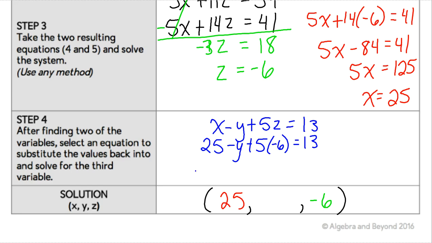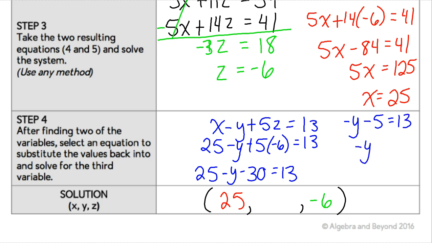If I simplify there, I get 25 minus y minus 30 equals 13. And if I combine like terms, I get negative y minus 5 equals 13. So negative y is 18, which means y is negative 18. So that is my third and final variable that I needed to solve for.